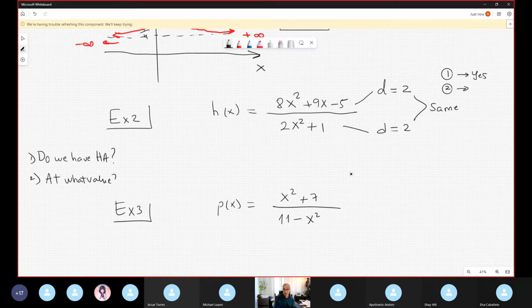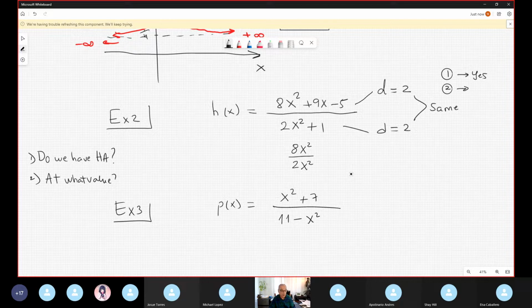If you understand, let me know, please. At what value is the ax squared? Michael Lopez has some clue, but not totally. This is the dominant term in the top, and the dominant term in the bottom is this.